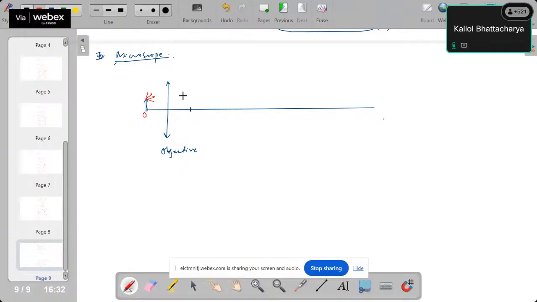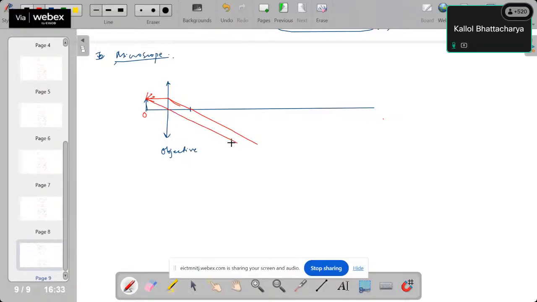We'll take two rays, the path of which we know. One of them will be a ray parallel to the axis, because we know that it would pass through the focal plane. The other ray we will take passing through the center of the lens, because we also know its path, it will pass undeviated.